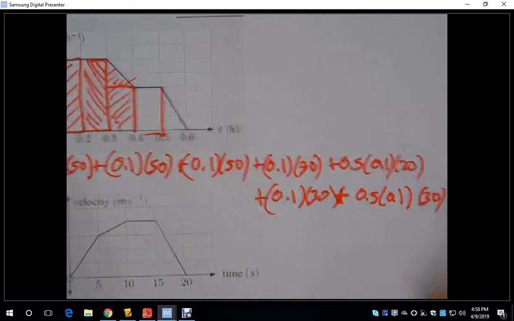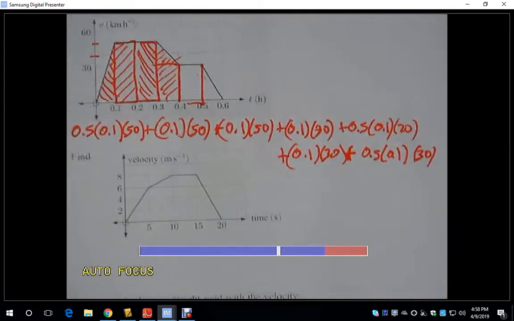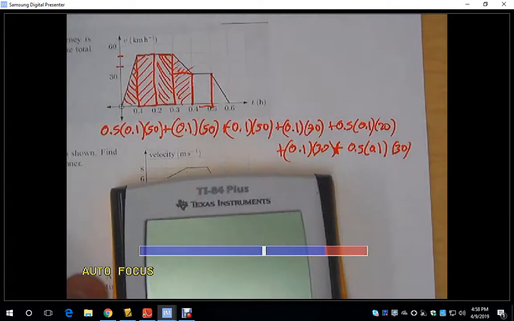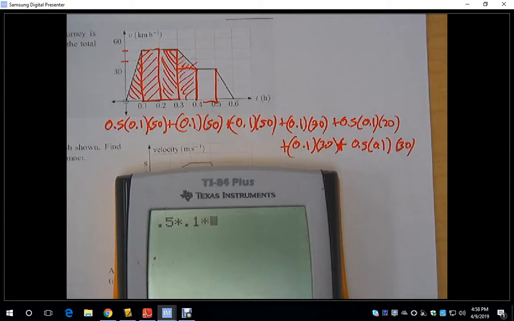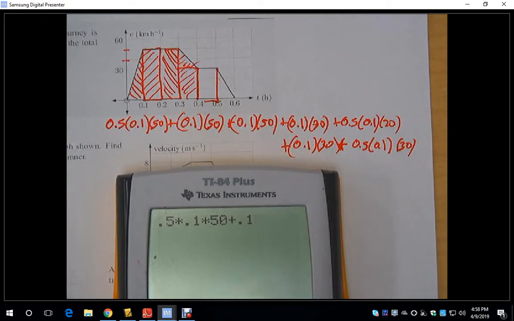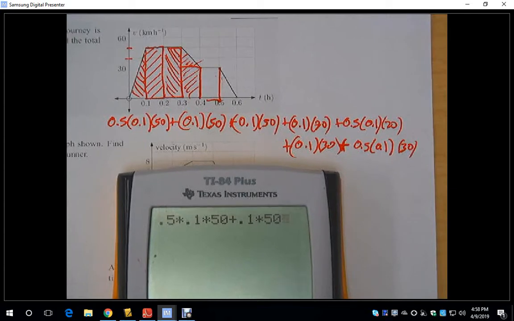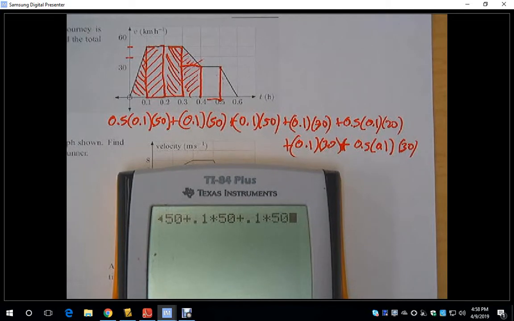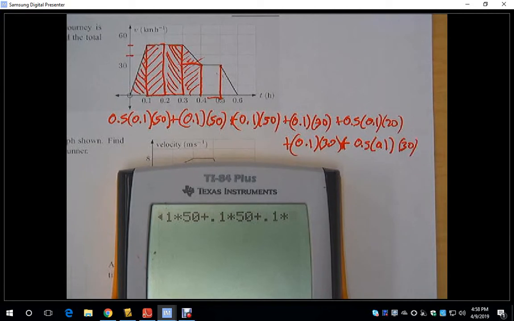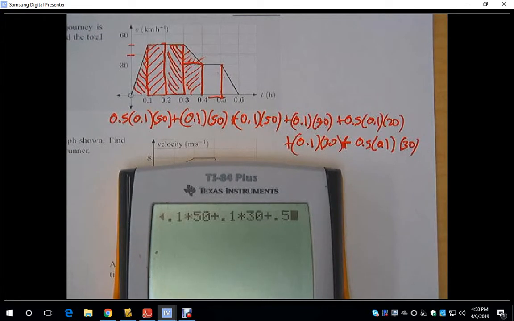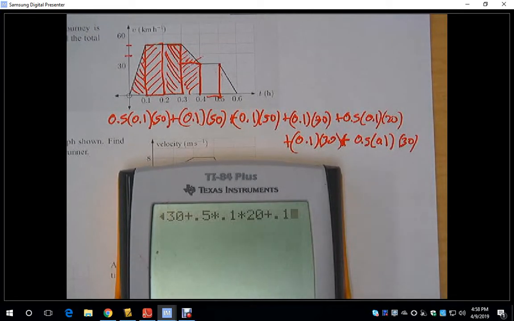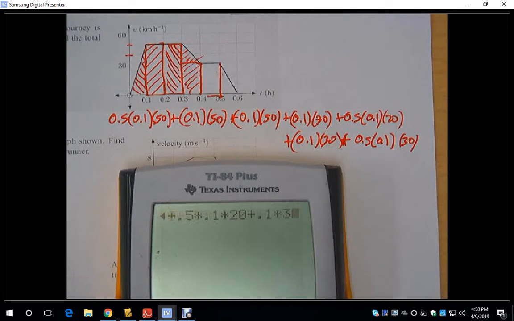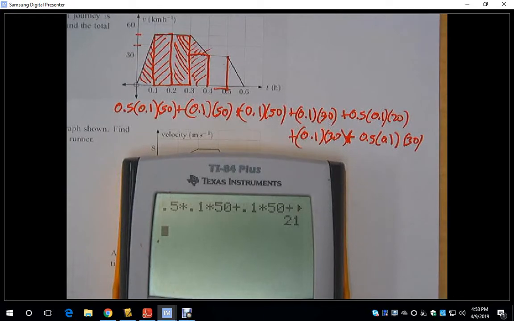So we just throw all this into our calculator to get our distance traveled. So I have 0.5 times 0.1 times 50 plus 0.1 times 50 plus 0.1 times 50 plus 0.1 times 30 plus 0.5 times 0.1 times 20 plus 0.1 times 30 plus 0.5 times 0.1 times 30, and that gives us 21.